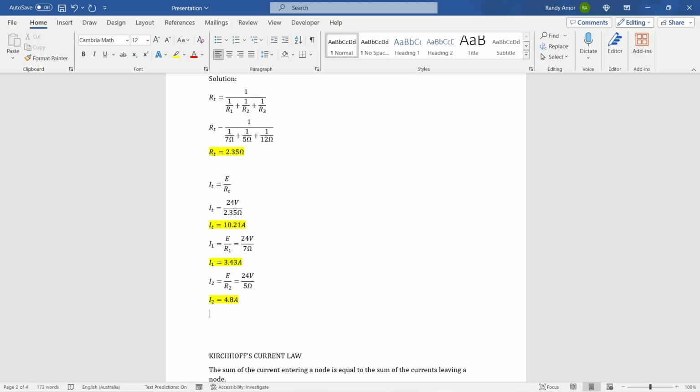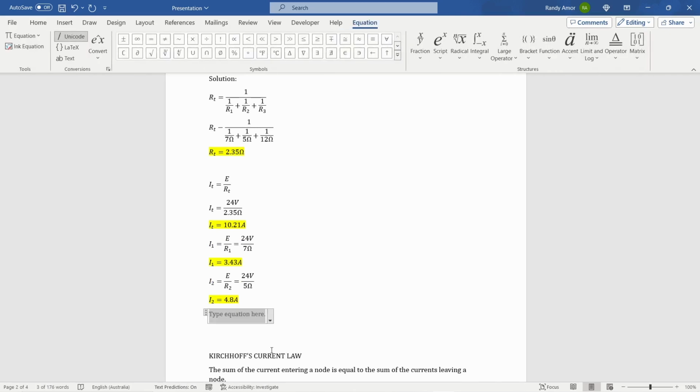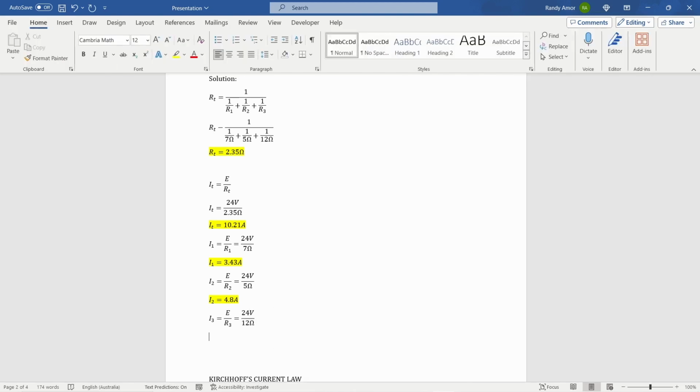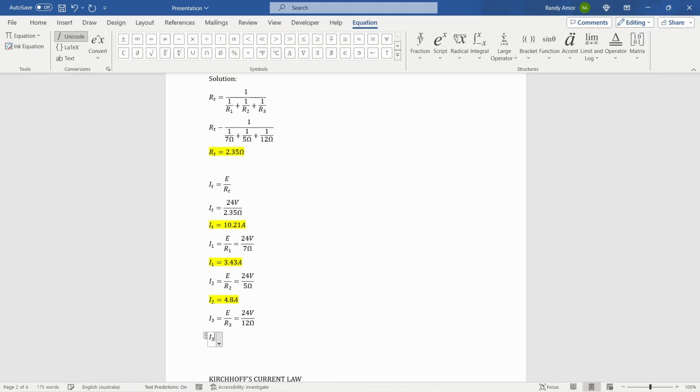And then finally for our I3, I3 will be equal to E divided by R3, which is 24 volts divided by 12 ohms. So I3 will be equal to 2 amperes.